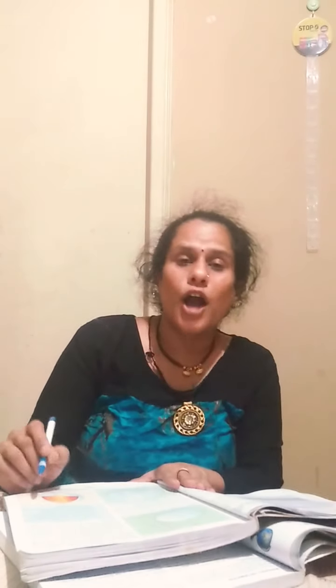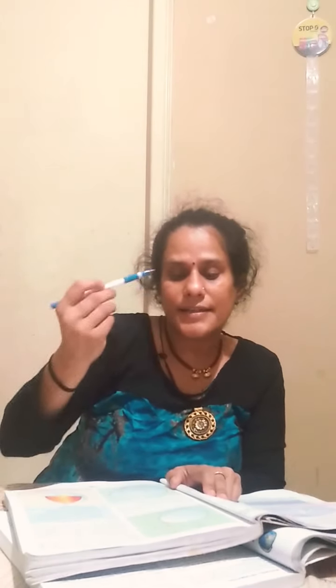Now when I speak about the next part, what are the parallels of latitude? Parallels of latitude are nothing but the angular distance north or south of the equator, measured from the center of the earth. Listen, it is an angle of distance from north to south.